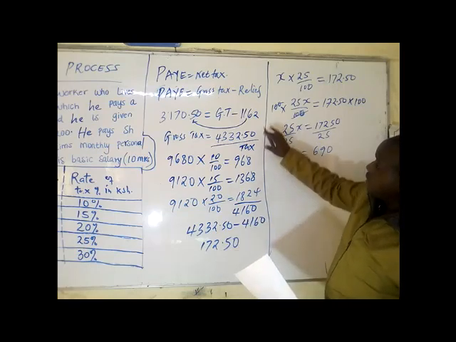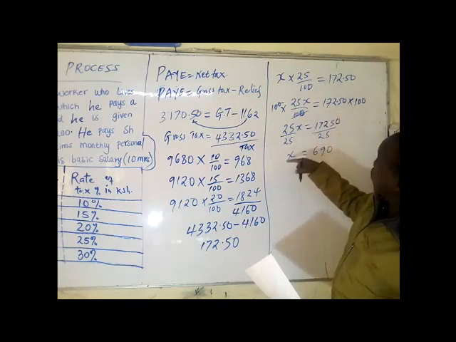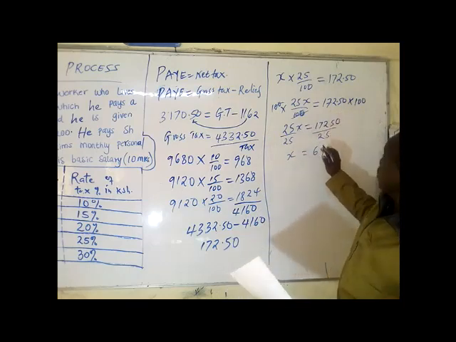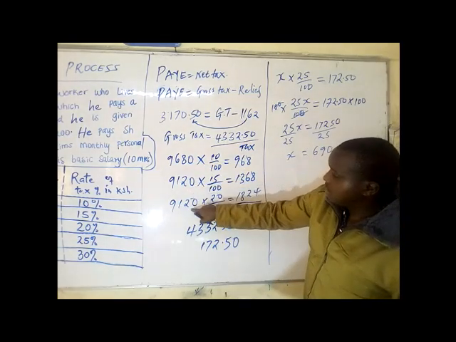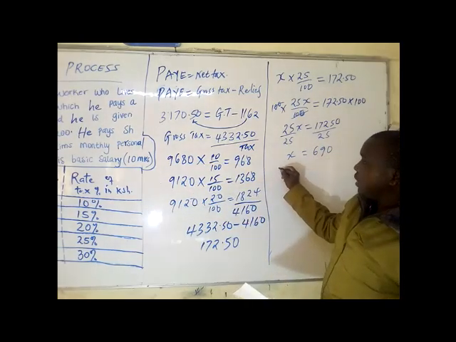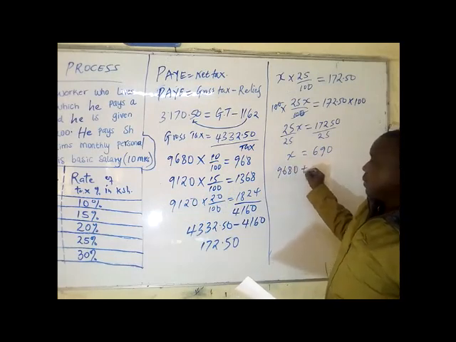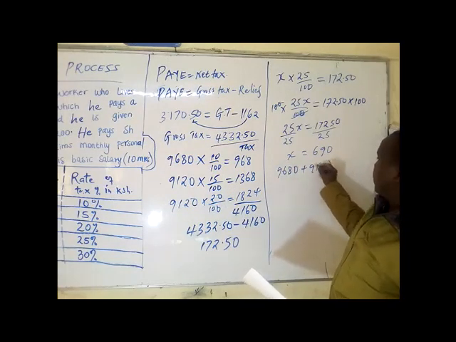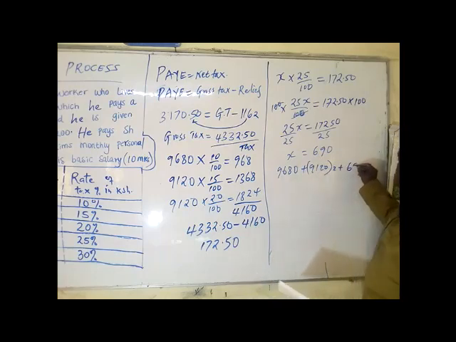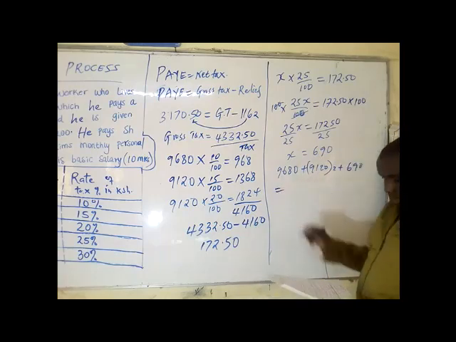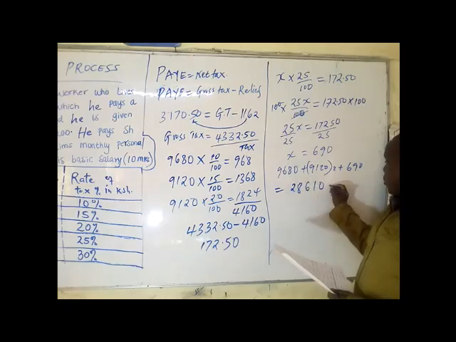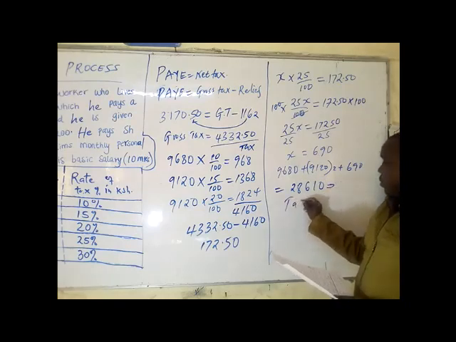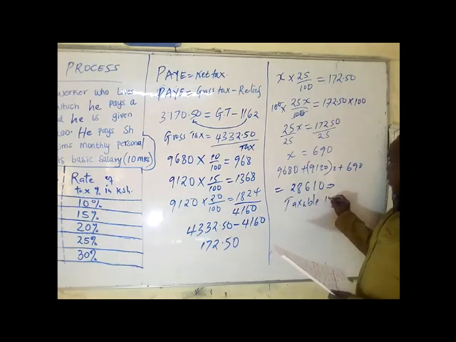Now, since the sum of the tax is finished, what we do is add the taxable income. We add this, this, and then this one. So 9,680 plus 9,120 times 2 plus 690 will give us 28,610, and this is what we call taxable income.